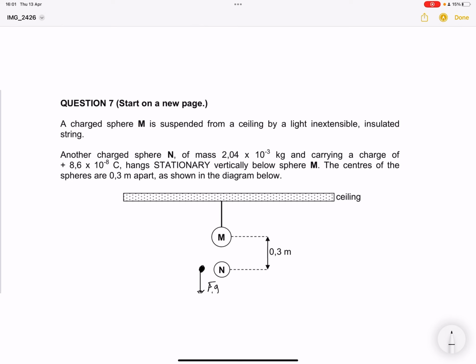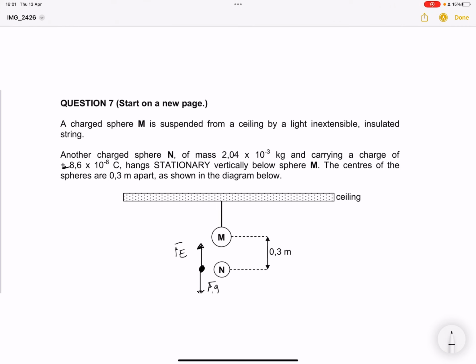But what is keeping N stationary? It's because of the electrostatic force that it is feeling due to M. In this case, I'm just going to call this Fe, which is electrostatic force.